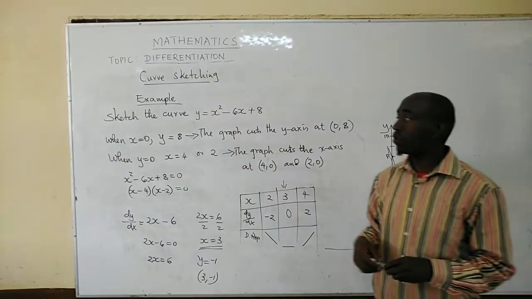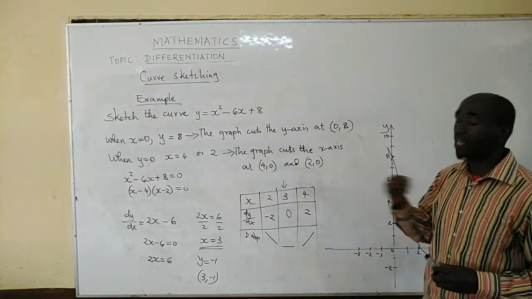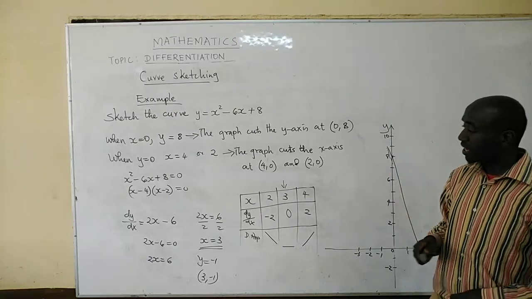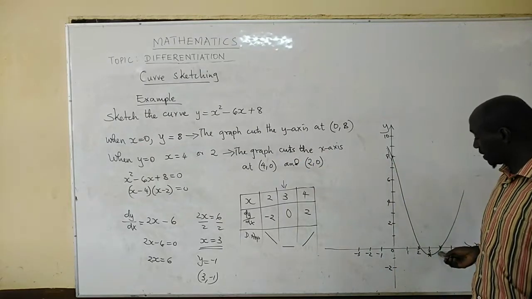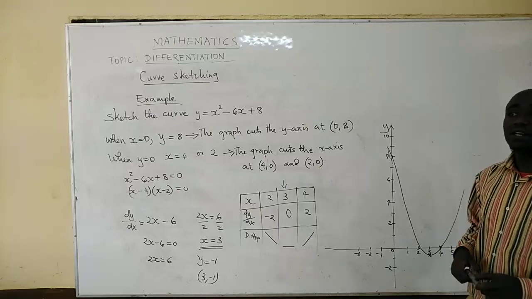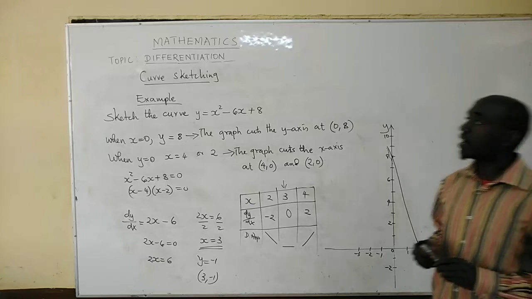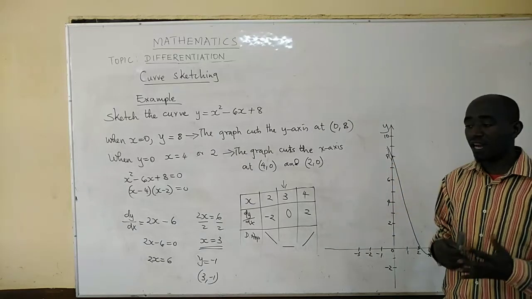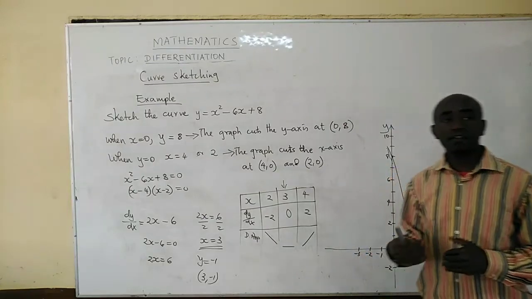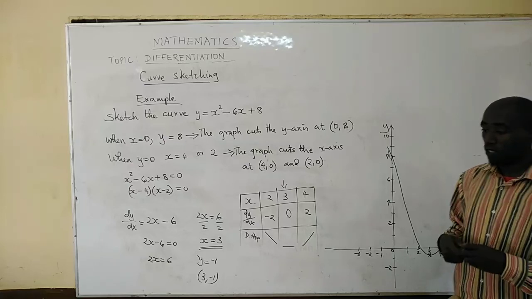As much as possible, though it is called a sketch, you should be accurate, because if you have not indicated these important features correctly, then that sketch is not correct. The sketch must have the special features, like where the graph cuts the y-axis and the x-axis, and the turning points or the stationary points.